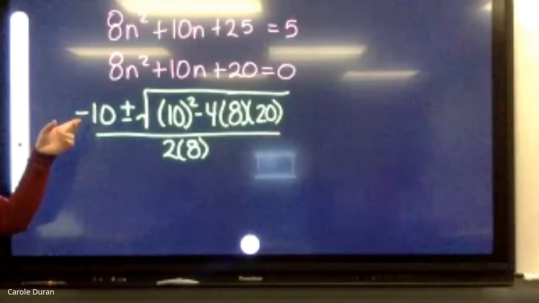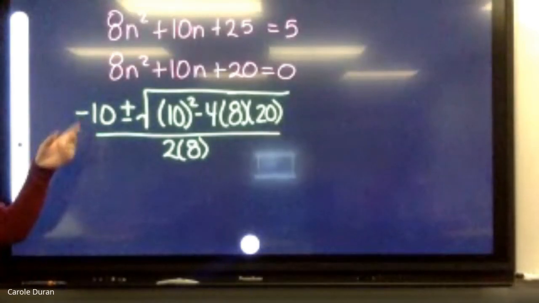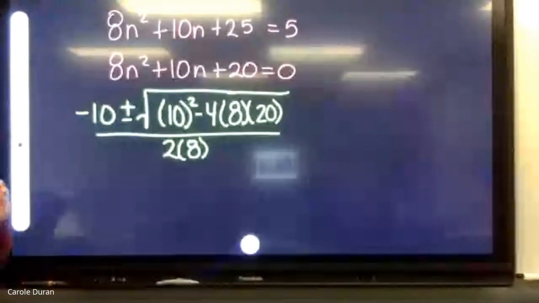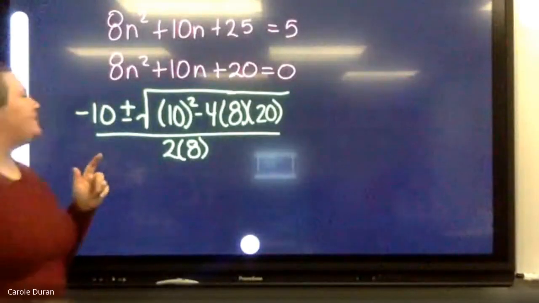The negative 10 is only negative if it's under the square root. Right. So I go ahead and I simplify this.